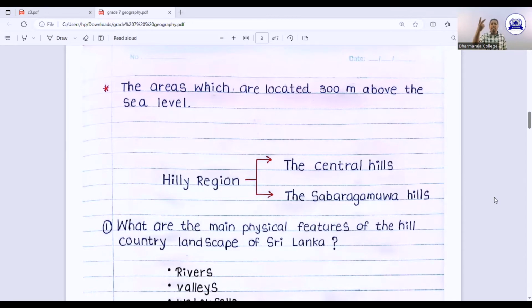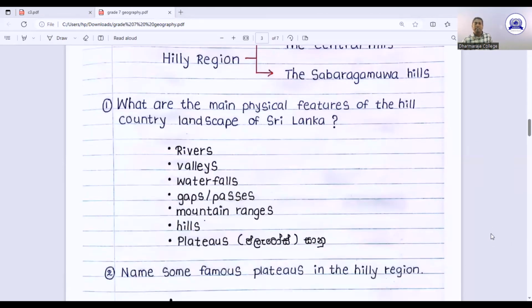The hilly region is formed with two areas, the central hills and the Sabaragamuwa hills. I am going to talk about the locations in the next video lesson.